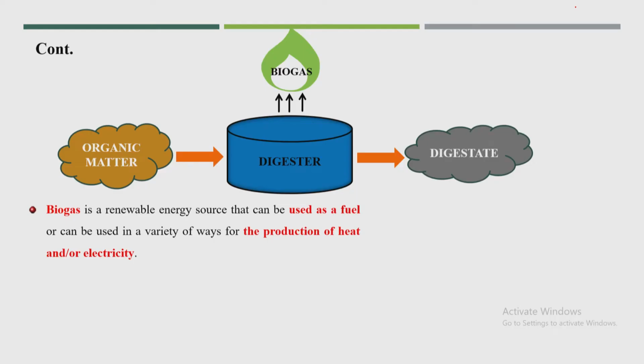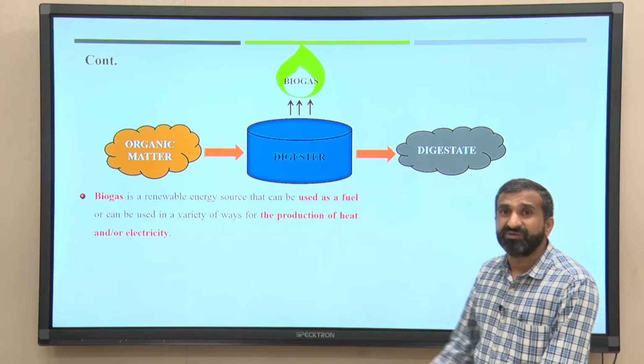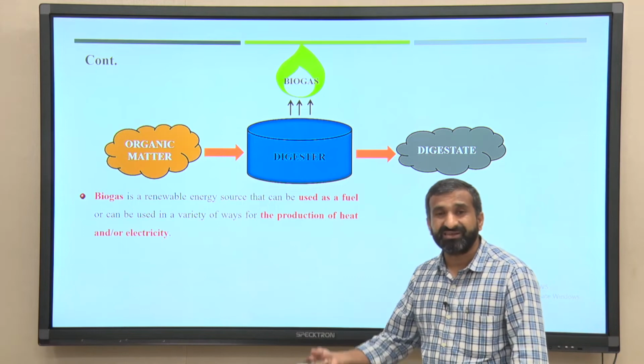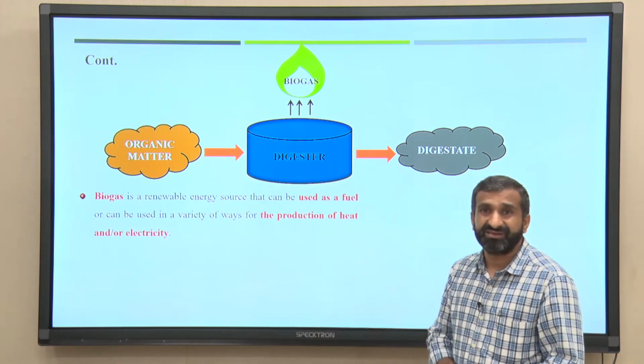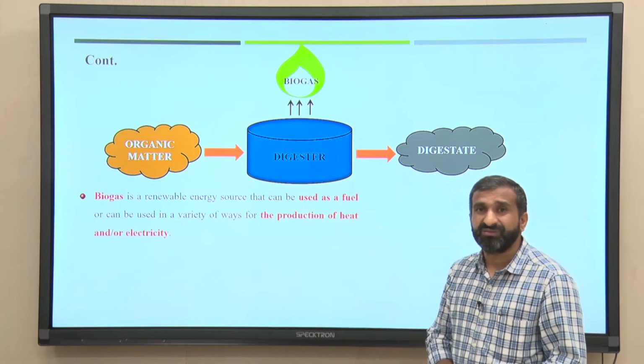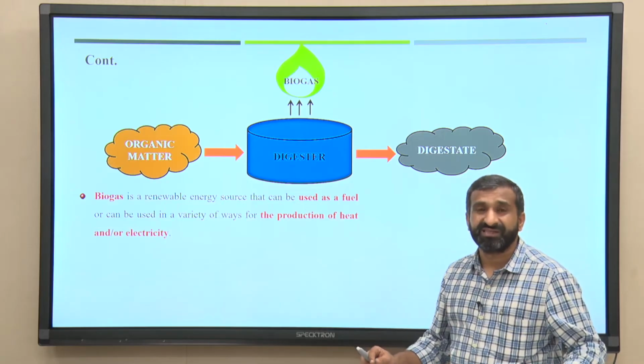This biogas is a renewable energy source that can be used as a fuel, in a variety of ways for production of heat and electricity. The biogas can be used directly in the kitchen for cooking purposes, without any separation.